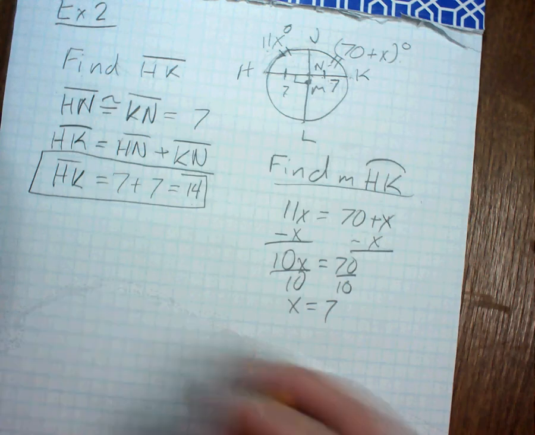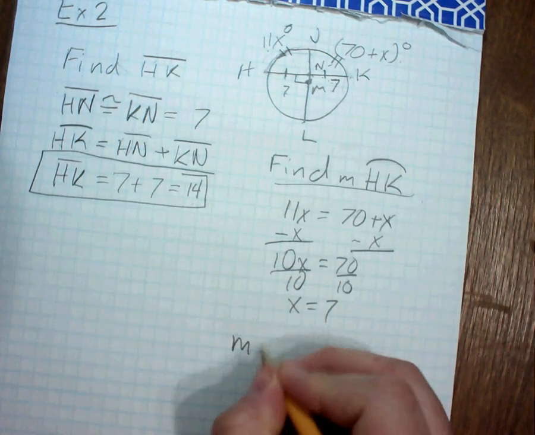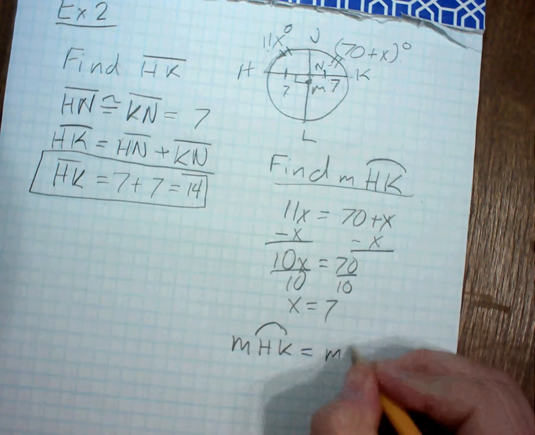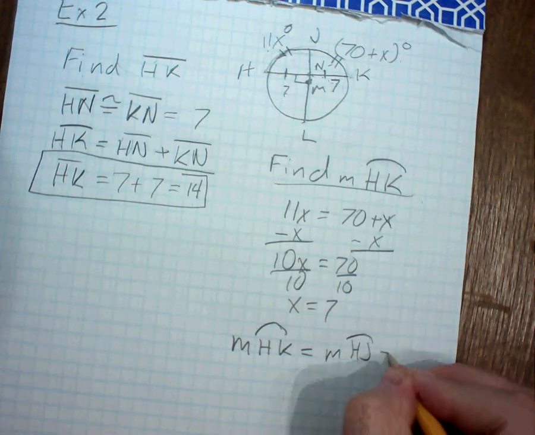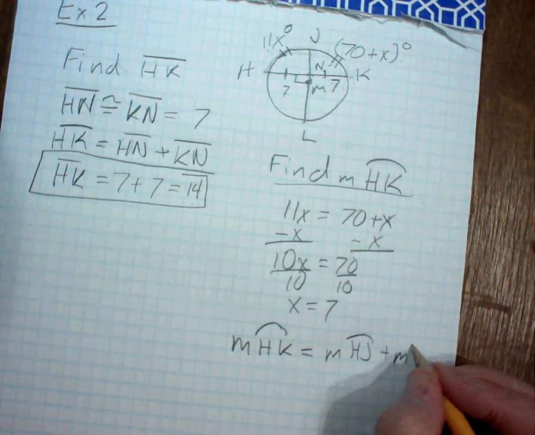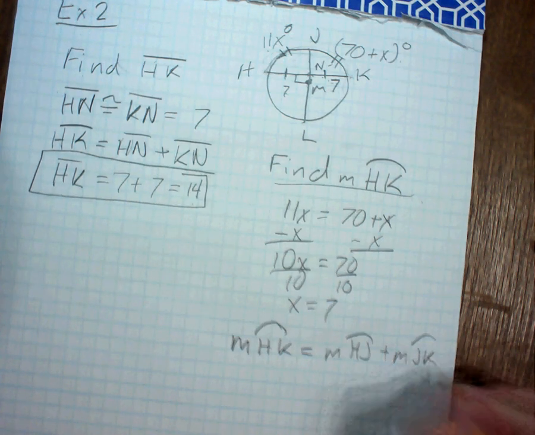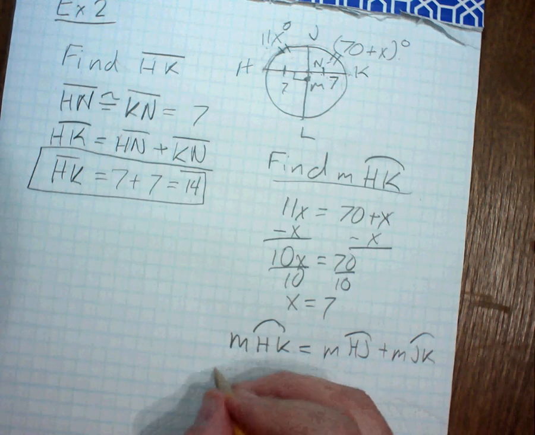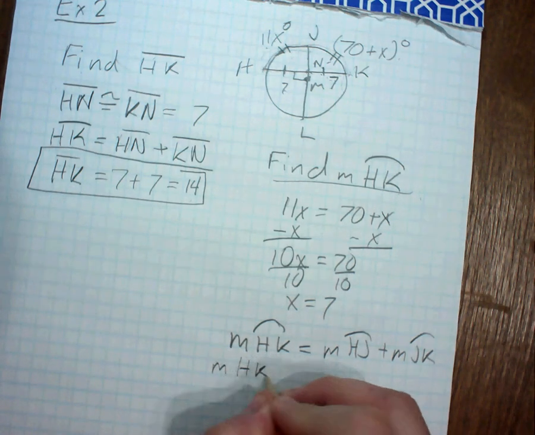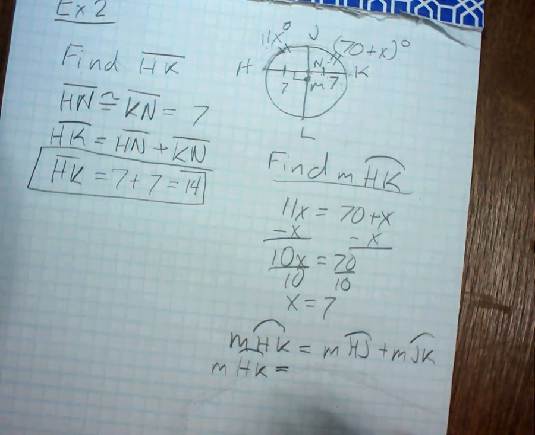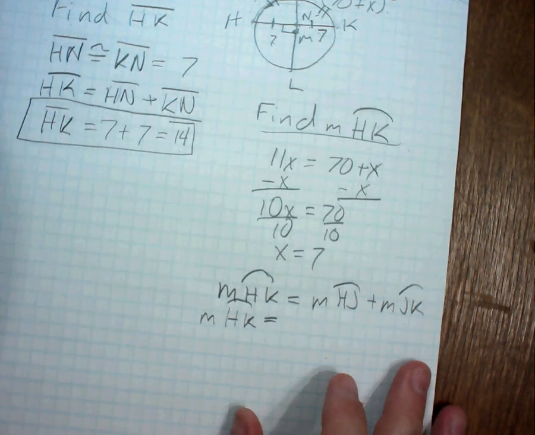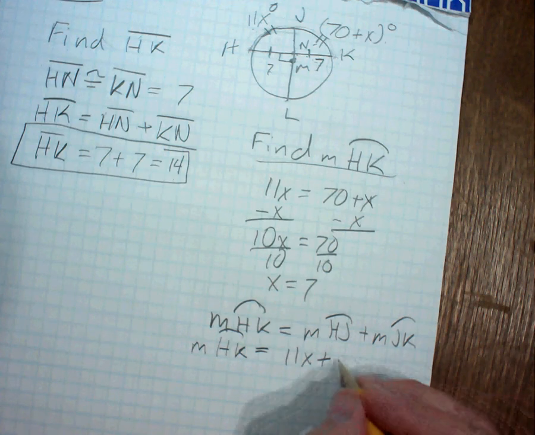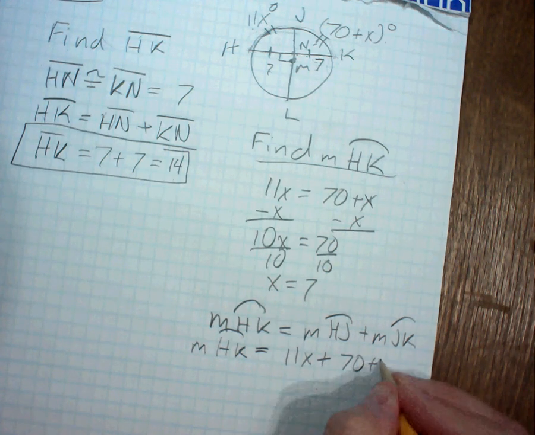So I have to go back and find, in other words, the measure of arc HK is equal to the measure of arc HJ plus the measure of arc JK. In other words, we're talking about from here to here. Well, that means the measure of arc HK is equal to 11x plus 70 plus x.